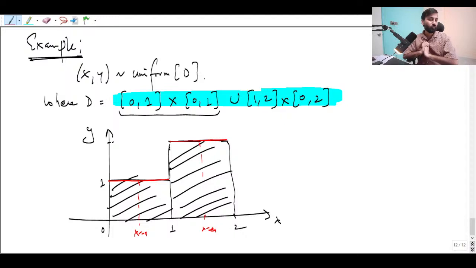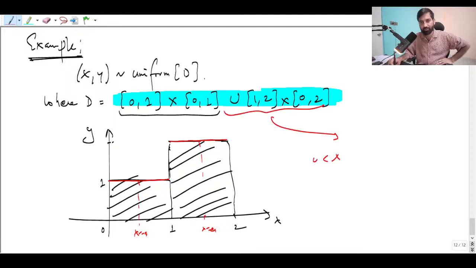I'm pretty sure that nobody might have gone through this kind of concept in their GATE preparation. So this is important. First you think. See, they might give you similar information like this also: X lying between 0 to 1, and Y lying between, they can give it like this. How can they give the same information? X, Y 0 to 1, they give this, then say union, 1, 2.